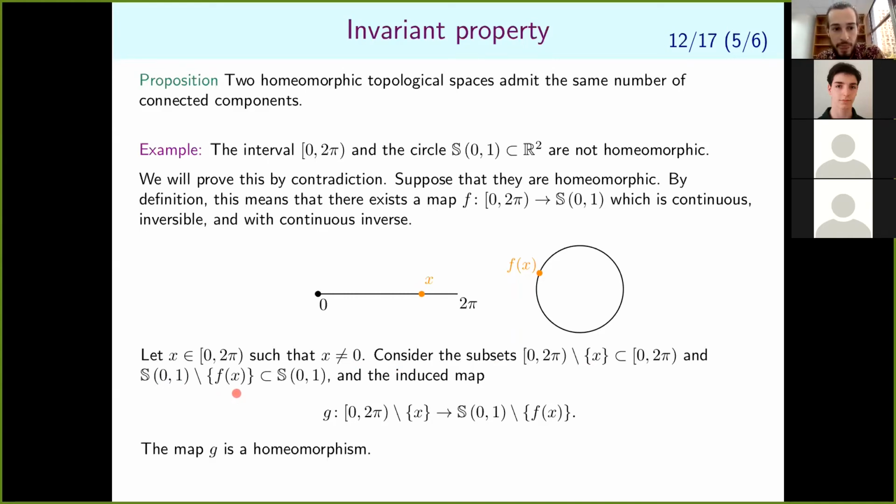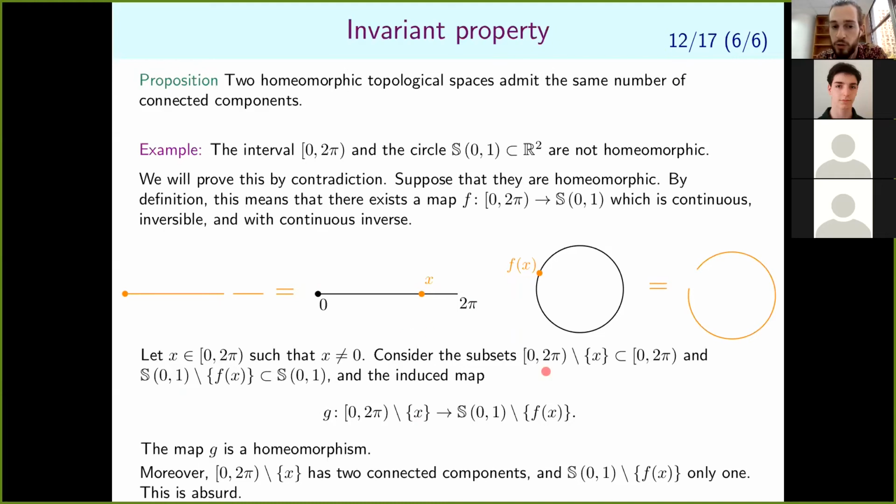But the interval without a point has two connected components, right? It is actually the union of two intervals. But the circle, if you remove a point, is still connected. This is an interval. So this is a contradiction because we cannot have a homeomorphism between spaces that admit a different number of connected components.